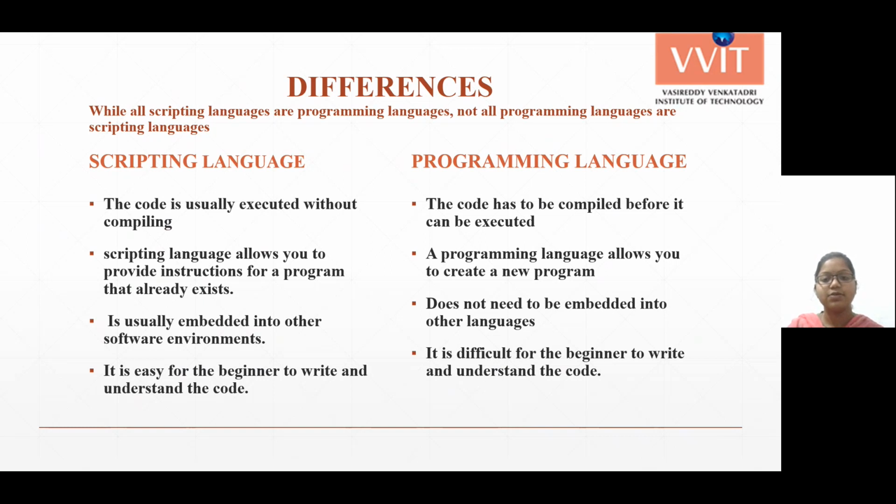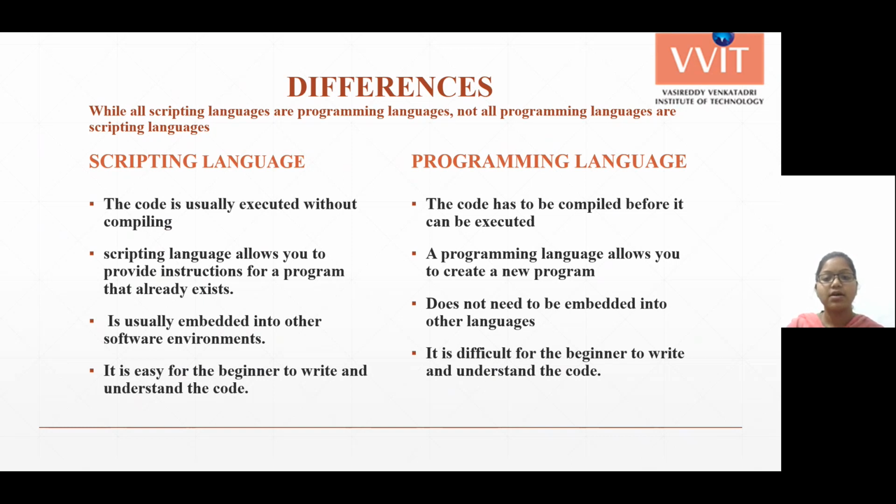Let me explain the second difference briefly so that you can get a clear idea. In a programming language, we are writing a program. And for that program, we provide some more instructions in a scripting language. Mainly, it is used in web technology, web applications.